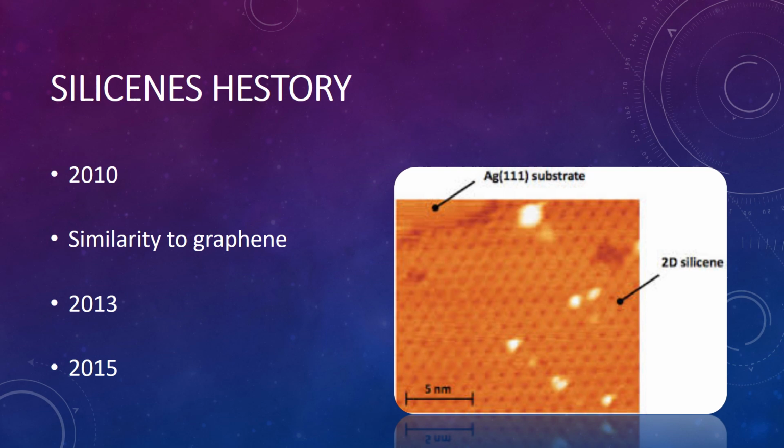The images revealed hexagons in a honeycomb structure similar to that of graphene, which however were shown to originate from the silver surface, mimicking the hexagons.